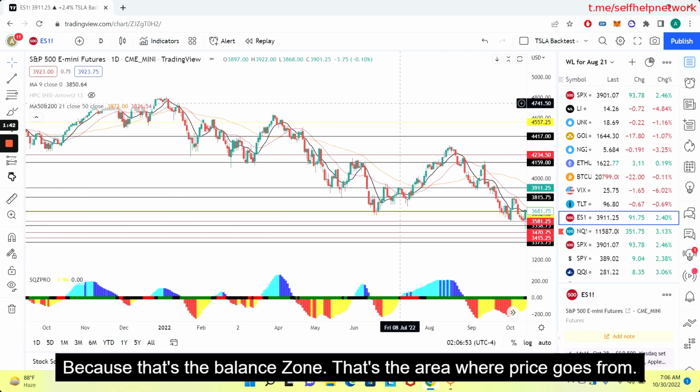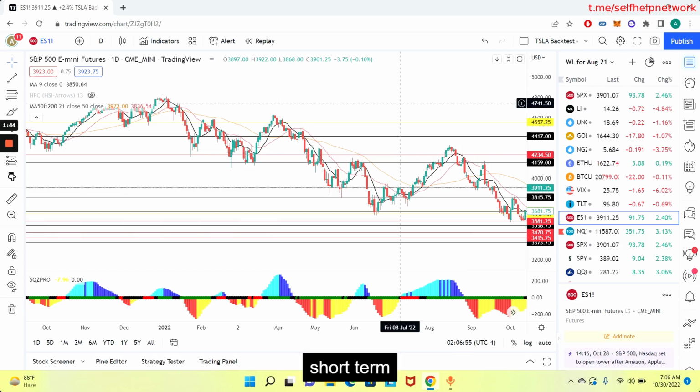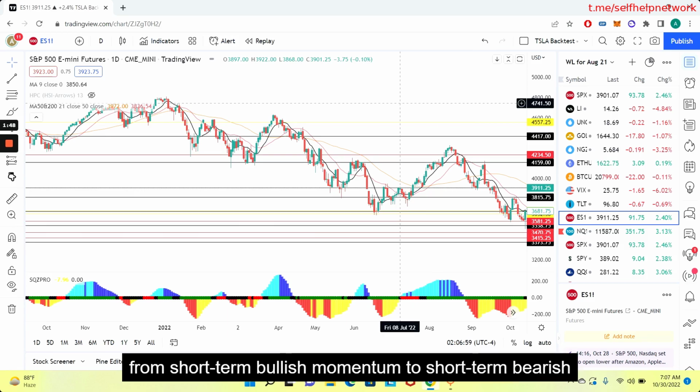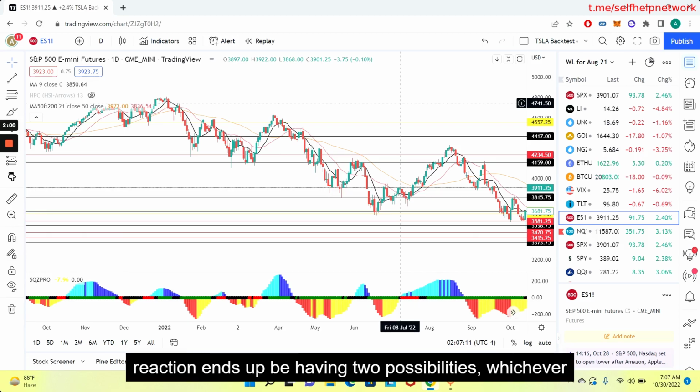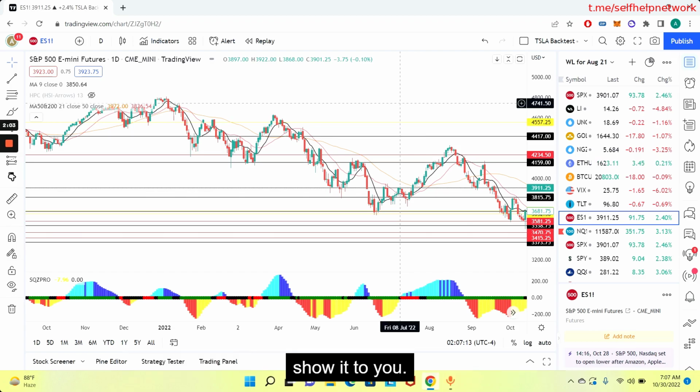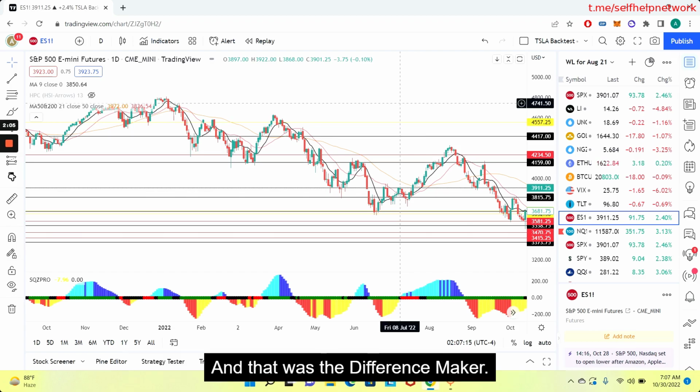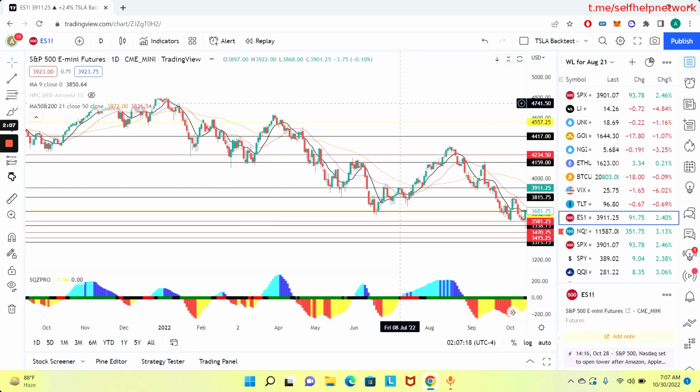That's the area where price goes from a complete transition from short-term bullish momentum to short-term bearish momentum all the way to 50 MA. So as soon as price comes to 21 MA, it usually sees a reaction, and then that reaction ends up having two possibilities, which I will show you, and that was the difference maker. So let's see what these possibilities are.